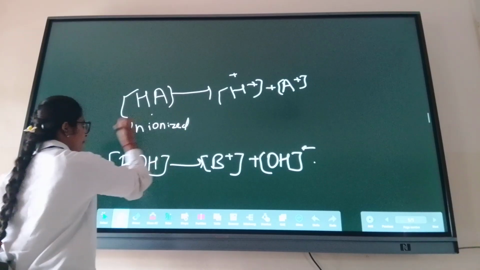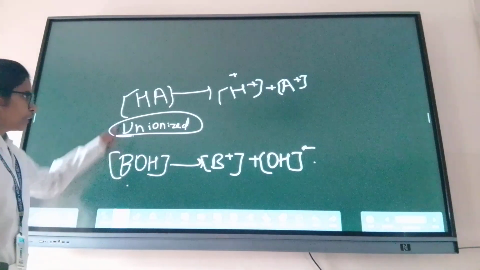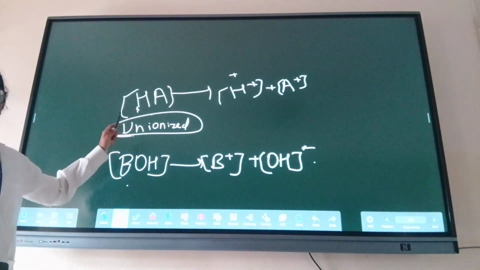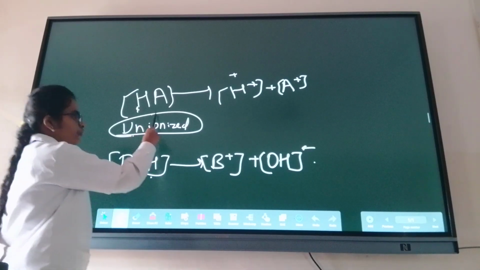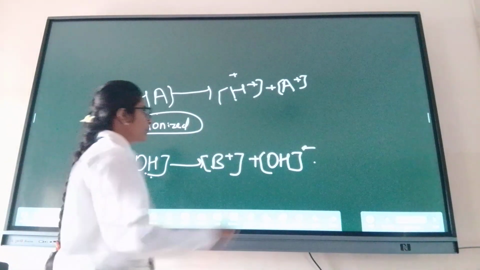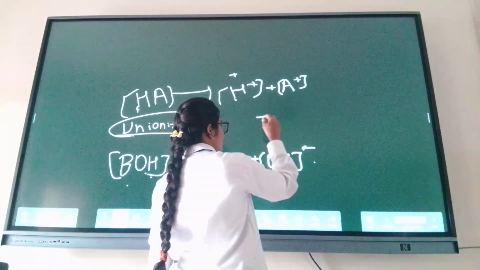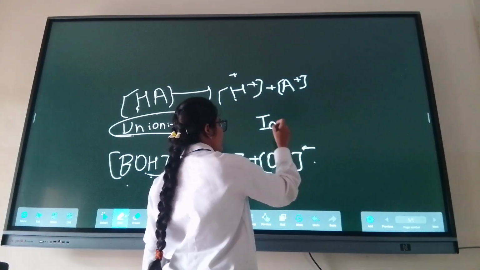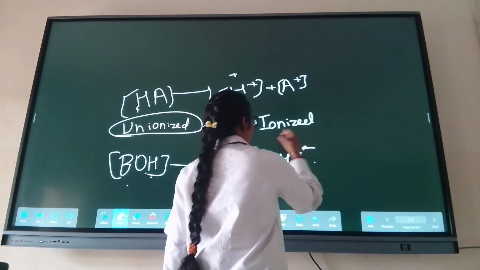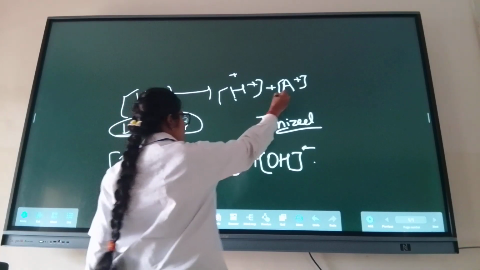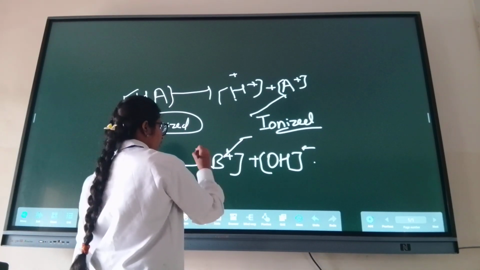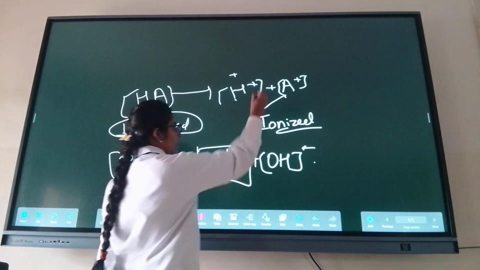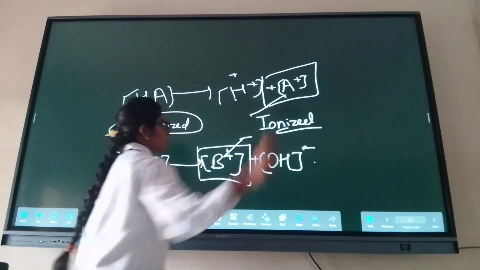H means hydrogen and OH means hydroxyl. If we remove the hydrogen ion, it will become ionized. These are the ionized forms. This is my matter of concern.